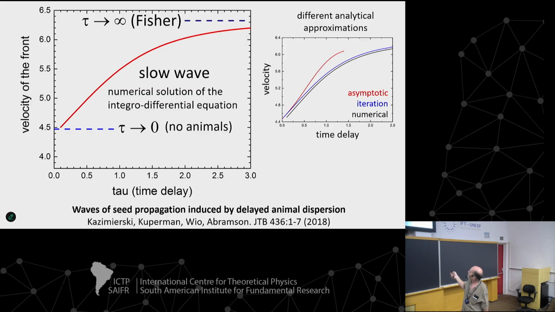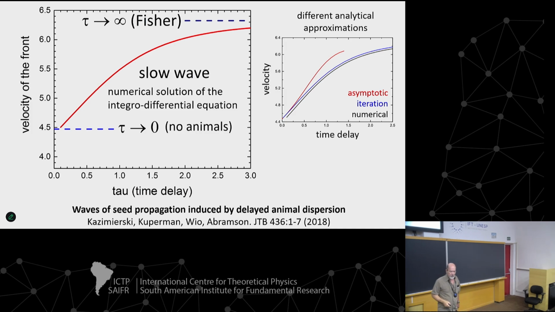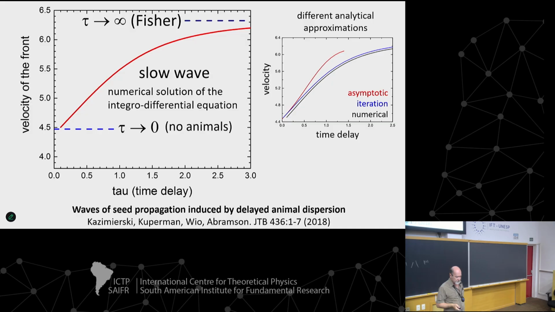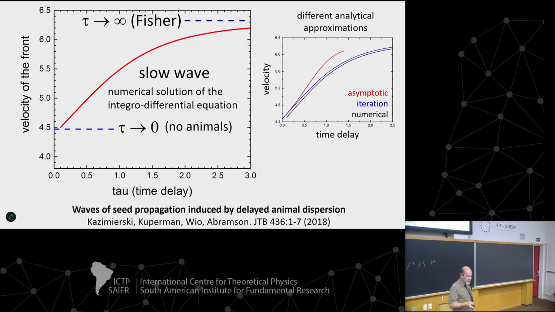And another one that we called iteration is valid for all values of the time delay, and you see that it's very close to the numerical one, always with a larger value. So in between, we have this transition of the velocity between the two values that corresponds to Fisher's equations.